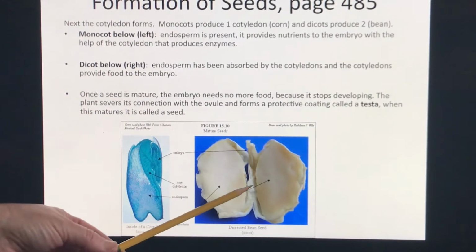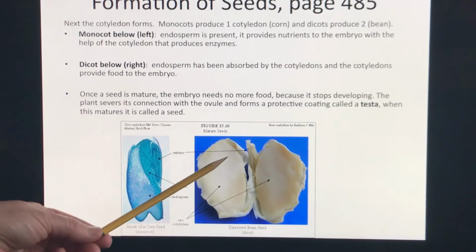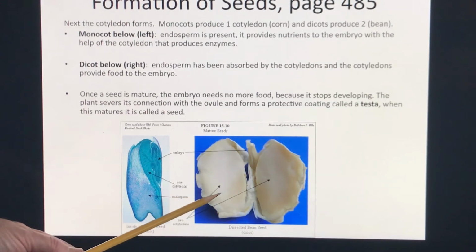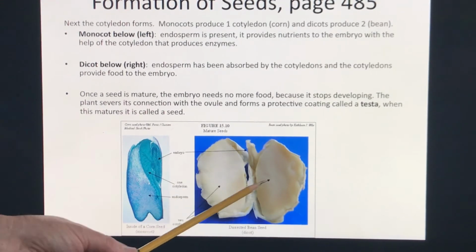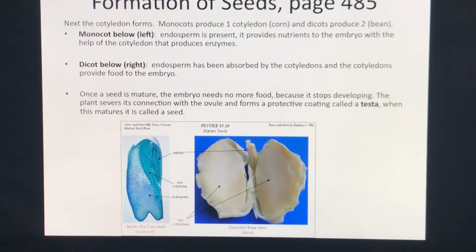The dicot on the right here is a little different, because you don't have the endosperm present here anymore. It was already absorbed by these two cotyledons, and the two cotyledons are actually what directly provide food to the embryo. So that's just a little comparison of the monocot versus dicot.